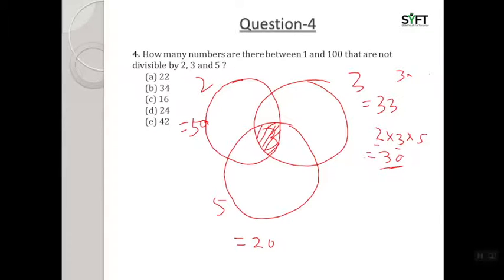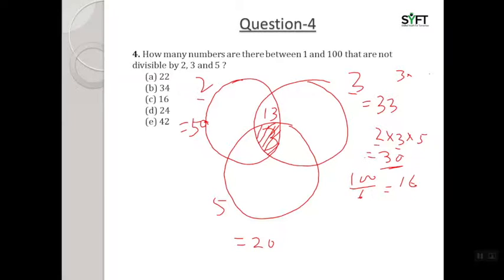Similarly, let's find out how many numbers will be divisible by both 2 and 3. From 1 to 100, any such number will be a multiple of 6. So 100 divided by 6 is 16. So there are 16 numbers which can be divided by both 2 and 3, and we already have 3, these 3 numbers out of 16, because we have already taken them into account. So this area will be 13.